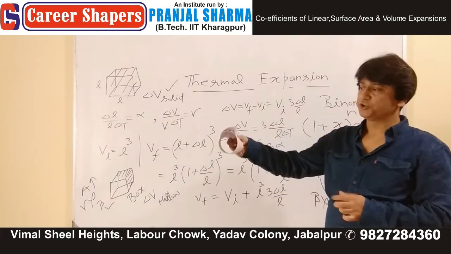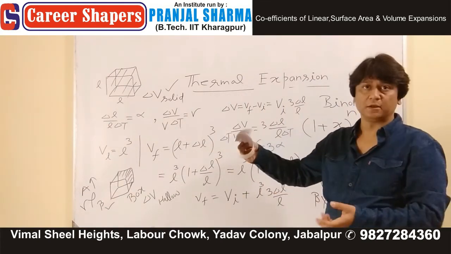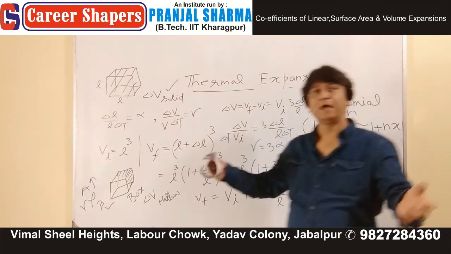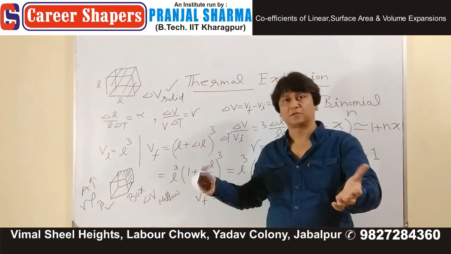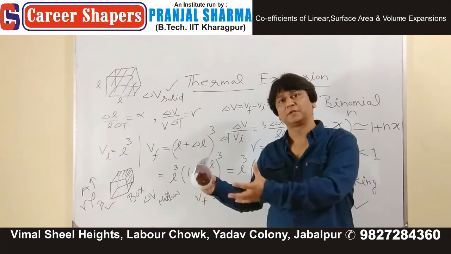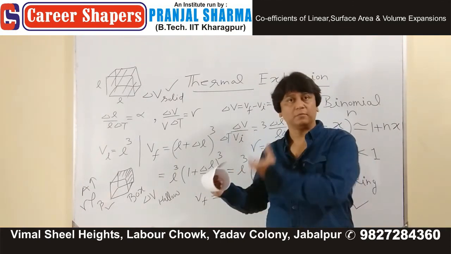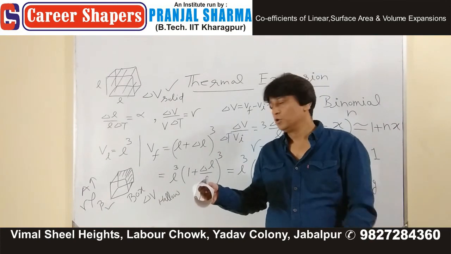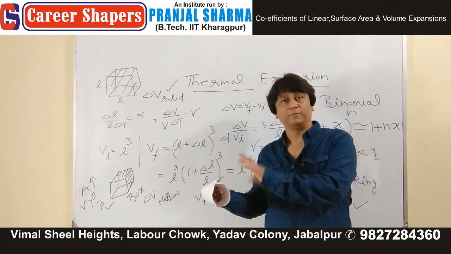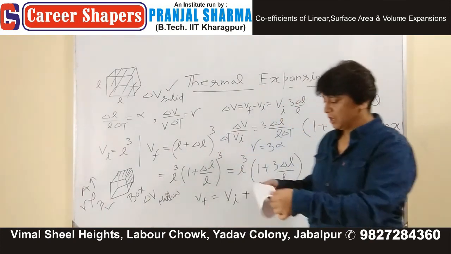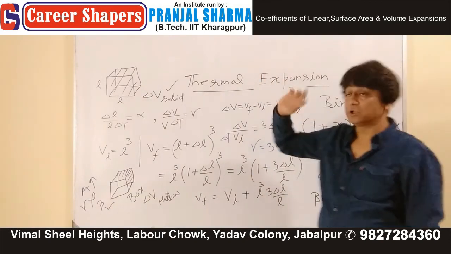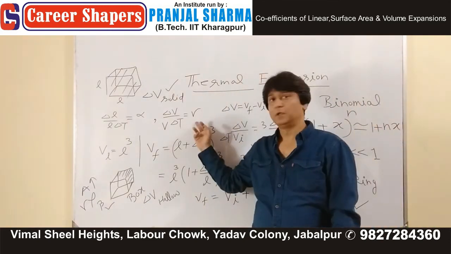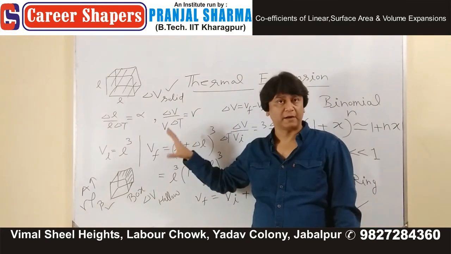So you fold a sheet and you make a cylinder. Now this cylinder is a three-dimensional thing. It occupies some volume. If I increase the temperature, definitely volume is going to increase. For that volume change, if you start using concept of beta, concept of gamma, then you will not get the correct result.